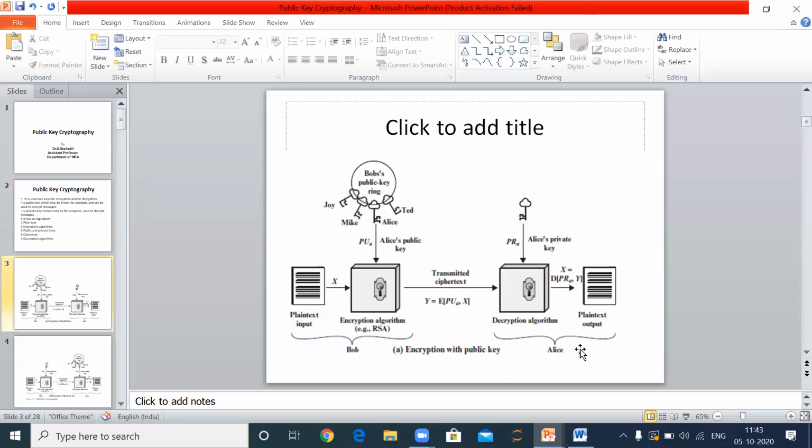Any queries regarding this key management system? Raise your hands. Any queries? Madhu.